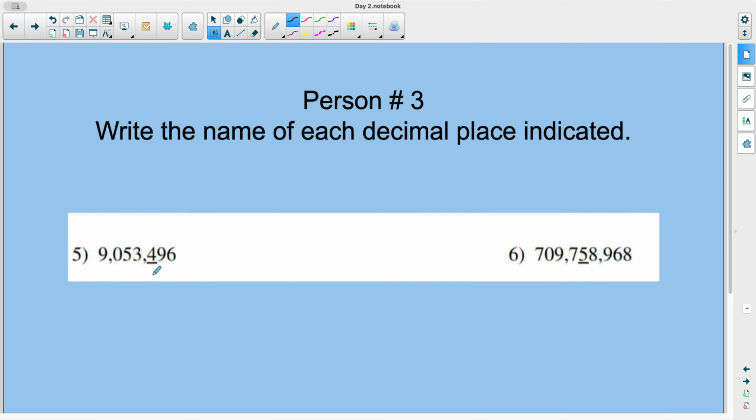So again, what is this one? Hundreds. This is 10,000. Basic vocabulary that we should know doing pre-algebra. Nothing crazy, pretty simple.